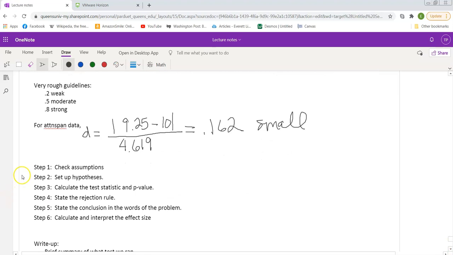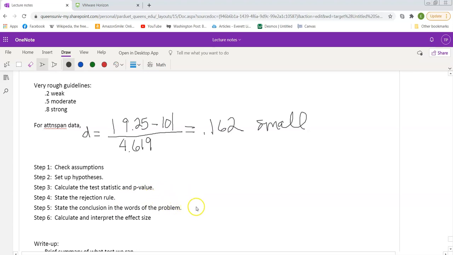So these are our steps. We've gone through, we've checked our assumptions, we've set up our hypotheses, we got the test statistic and p-value from SPSS. We know our rejection rule is reject H0 if p-value is less than 0.05.